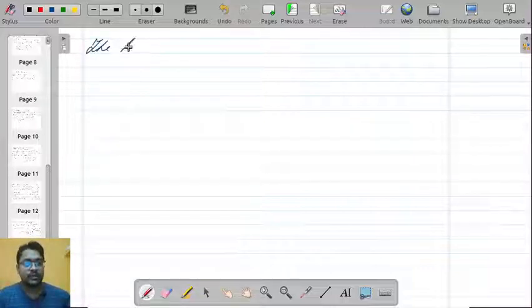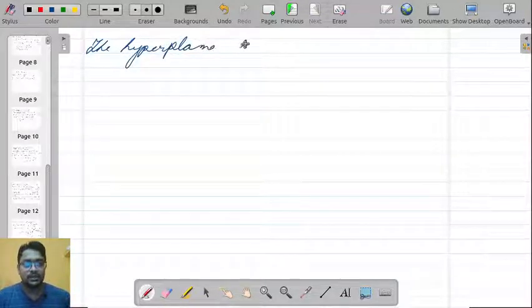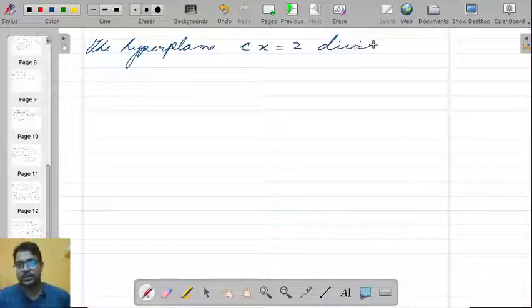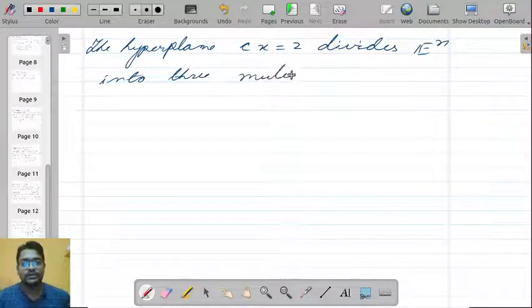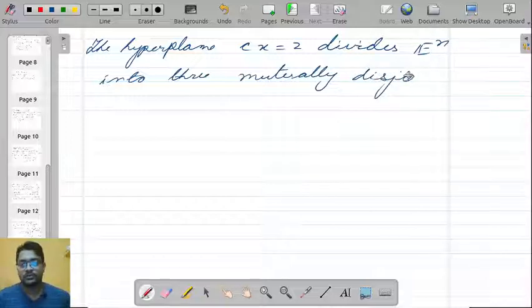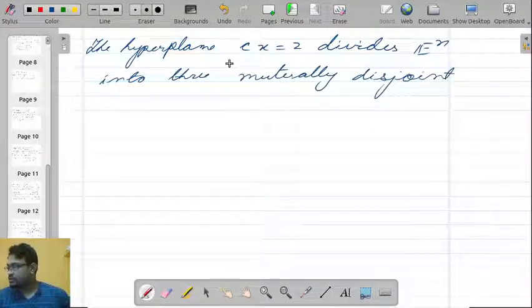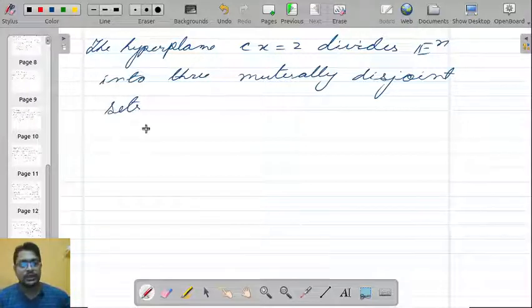So the hyperplane Cx equal to z divides E to the power n into three mutually disjoint sets.